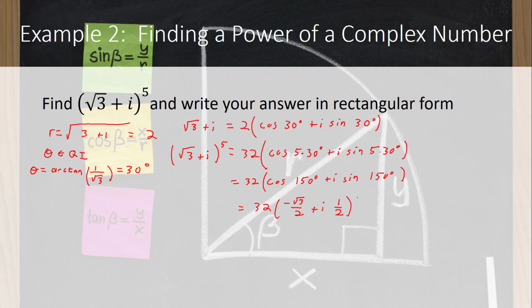And then our final answer will be negative 16 root 3 plus 16i. And there you go.